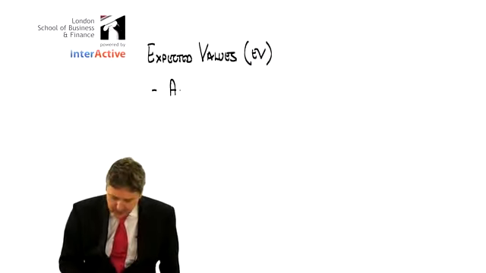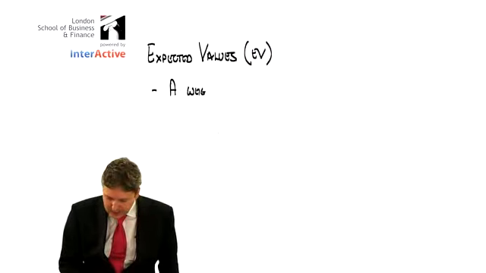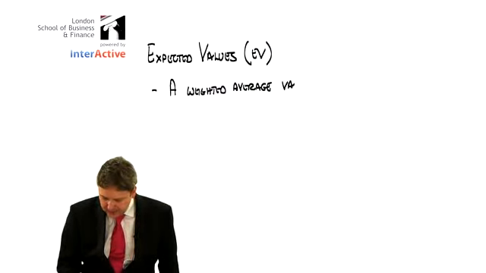If we're looking at expected values, what we're trying to do is to get some sort of value that reflects the overall likelihood of an event occurring and the value associated with it. The reason why we focus on this is because we have a situation where there is probability involved. So an expected value is simply a weighted average value.